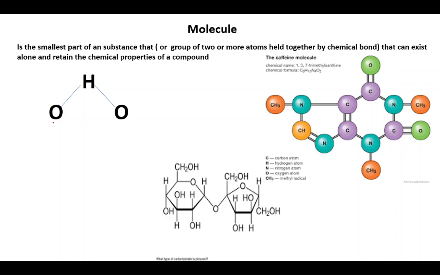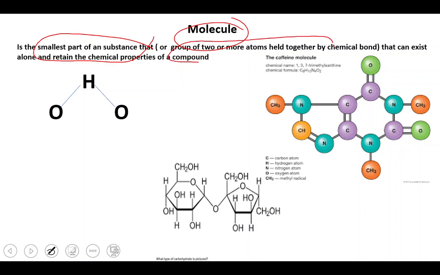The next in line of our study is the molecule. What is a molecule? A molecule is the smallest part of a substance, or you can say it is a group of 2 or more atoms held together by chemical bonds. You can choose either definition, and if you like, you can write both together.